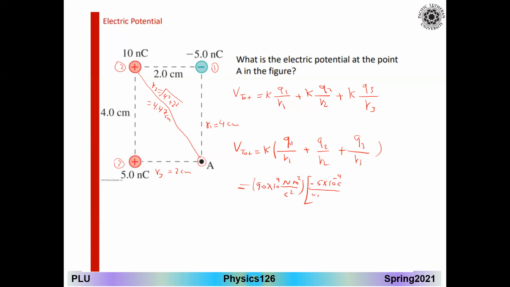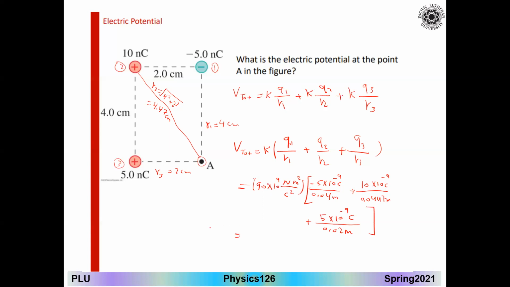R1 I have here is 0.04 plus the second charge, Q2, 10 × 10^-9 coulomb divided by R2, 0.0447 meters, and plus the third charge, 5 × 10^-9 coulomb divided by R3, 0.02 meter. These are three terms.